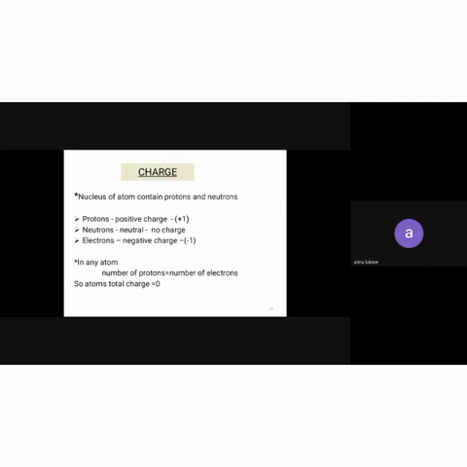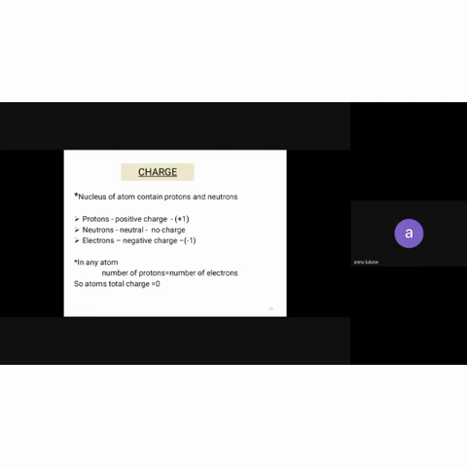Charge of the nucleus. As we know, an atom consists of a tiny nucleus surrounded by moving electrons. The nucleus contains protons, which are positively charged, and neutrons, which are neutral. Electrons have a negative charge, that is -1, exactly equal and opposite to that of the proton.